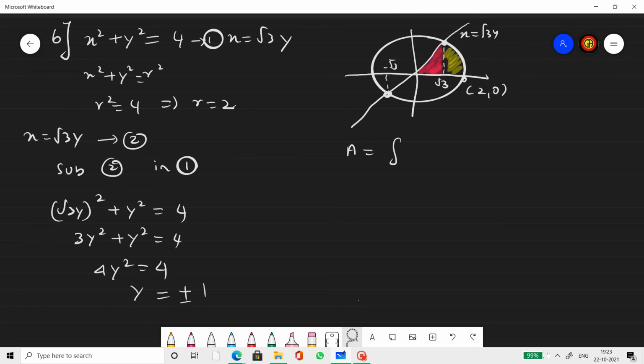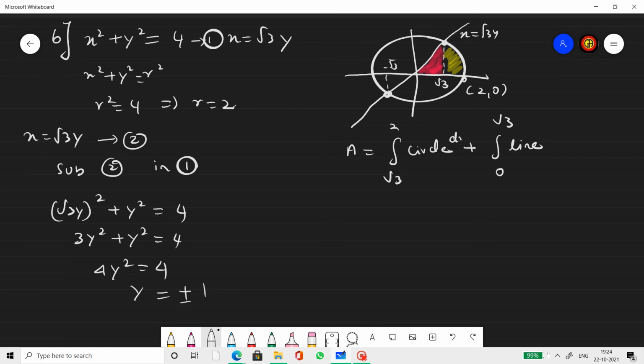So I'm just writing in simpler terms. Integration of the circle, which means the equation of the circle, upper limit 2, lower limit root 3, plus integration of the line segment, which means the equation of the line in terms of x or y as you want, upper limit root 3 and lower limit 0.